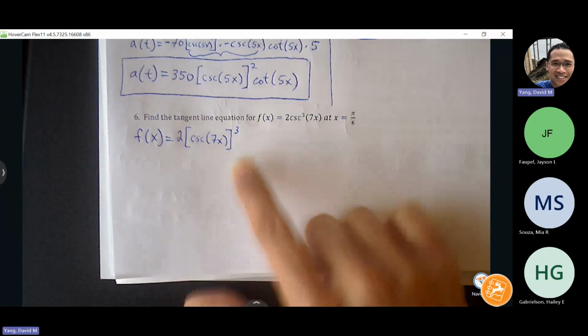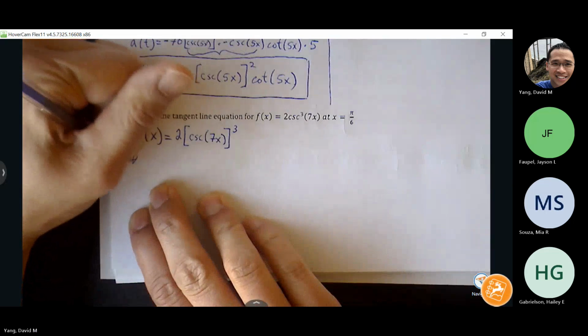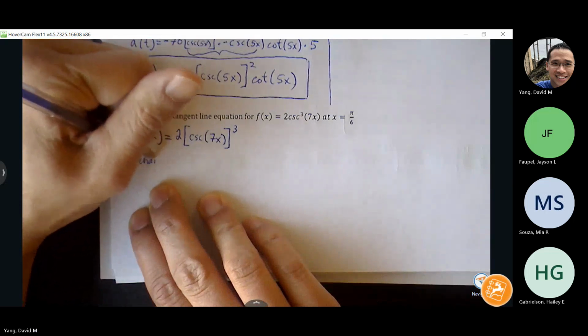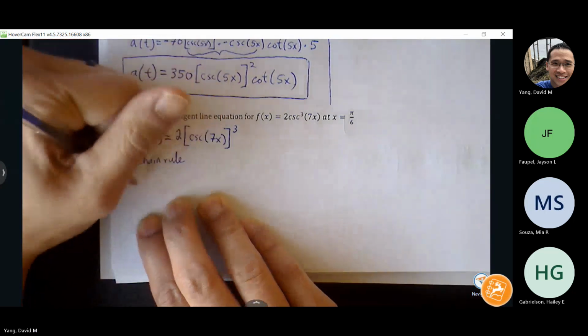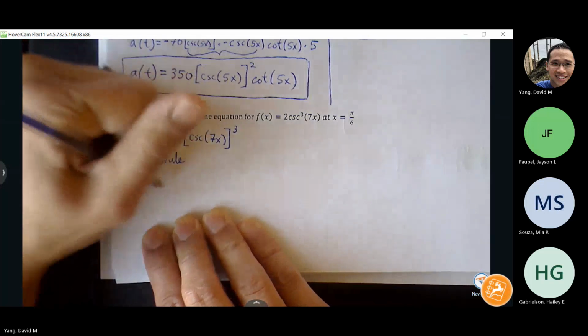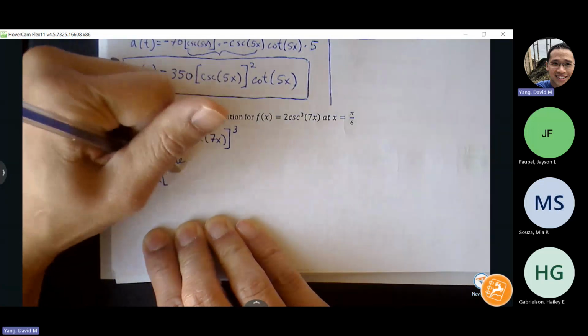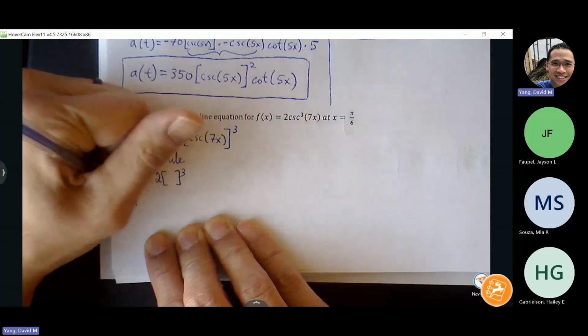Okay, so we see the need for chain rule. Identify the outside and inside portions.